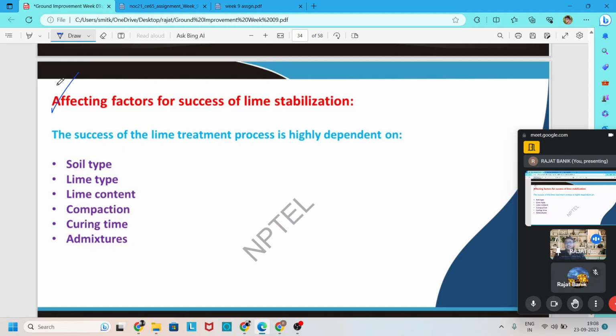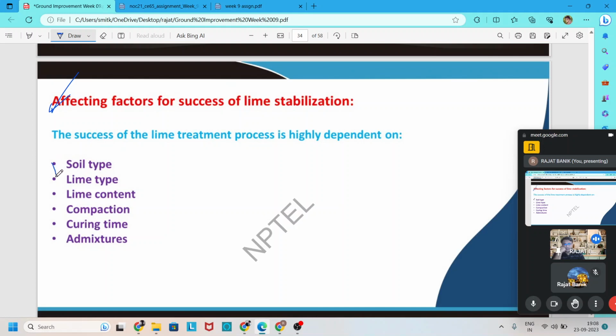Now we discuss some factors affecting the application of lime stabilization. What are the different factors that govern lime stabilization? A few points we already discussed.